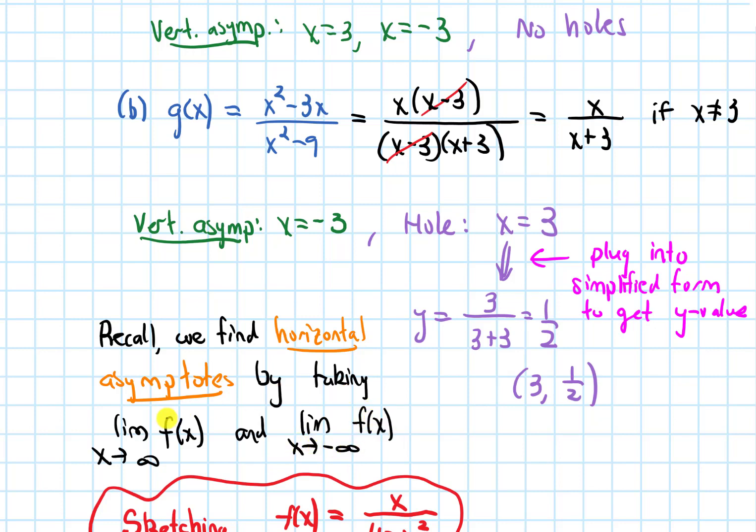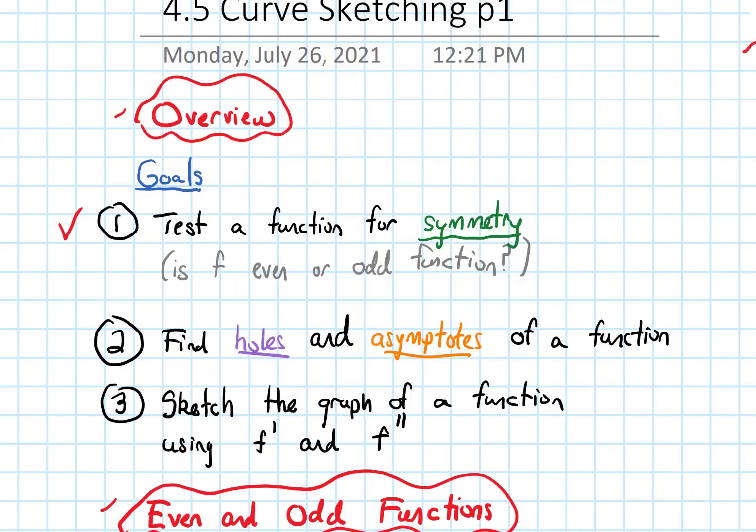If either of those limits ends up being a finite number, we have a horizontal asymptote at that finite number. So potentially, if both of these limits were finite numbers, we could have 2 horizontal asymptotes. In terms of our goals for this section, we finished goal 2, talking about how we find holes and asymptotes of a function.